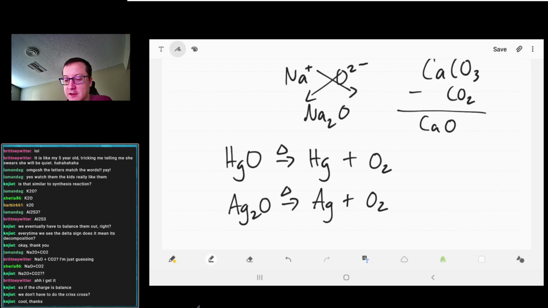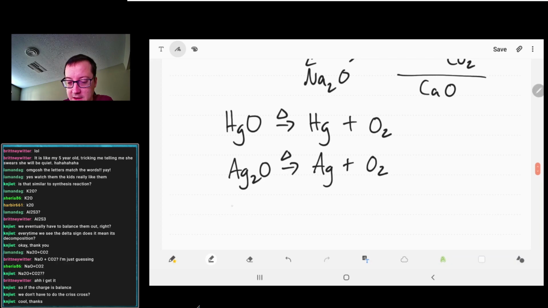So if I were to tell you, okay, what if we had, let's just pretend tin oxide would do this. If we are going to break tin oxide apart, what do we think we're going to get? Tin 2 oxide, I guess, in this case. What do we think we're going to get here?